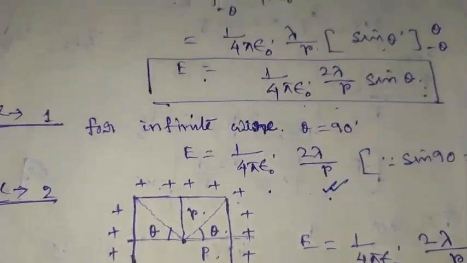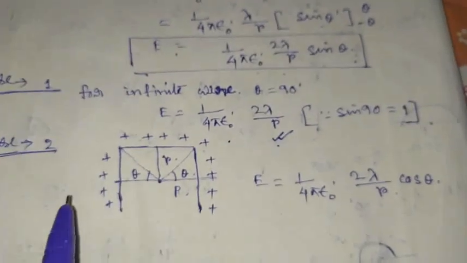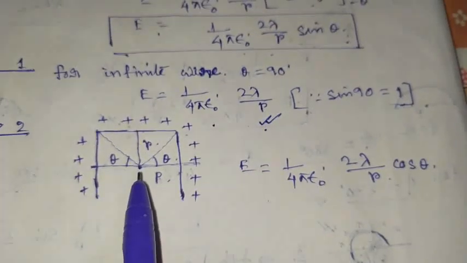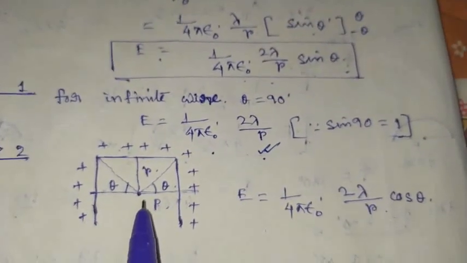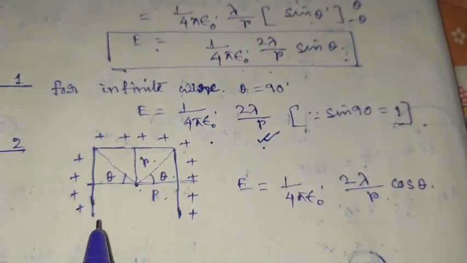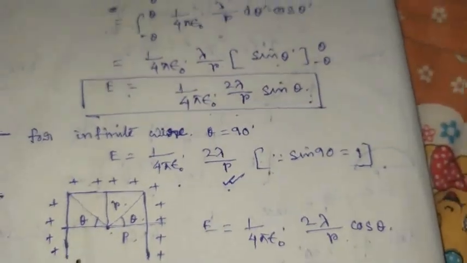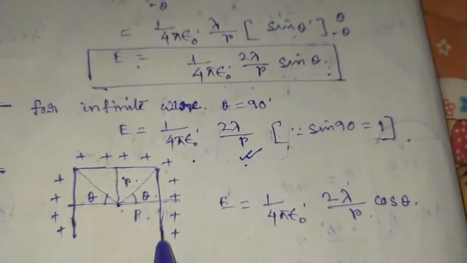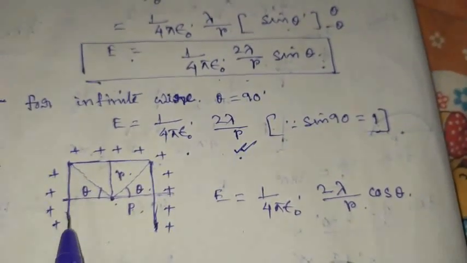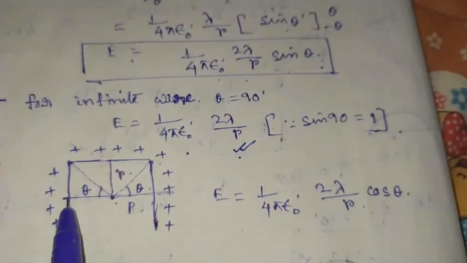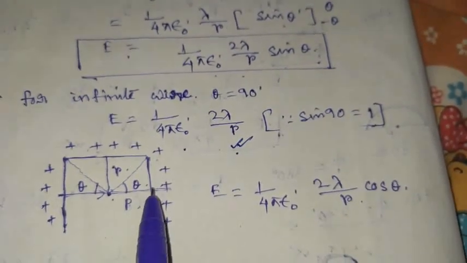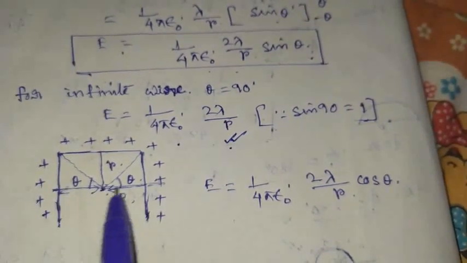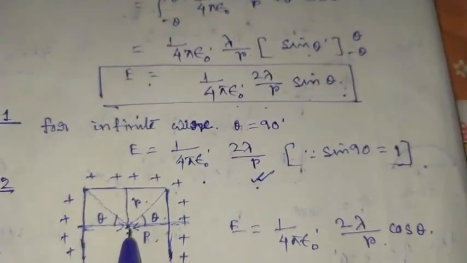Okay, now case 2. Due to this whole wire arrangement, we have to find the electric field at point P. So we can easily say that this wire and this wire cancel each other, because for this wire the electric field is in this way, and for this wire the electric field is in this way, and the distance from this wire at point P is the same.